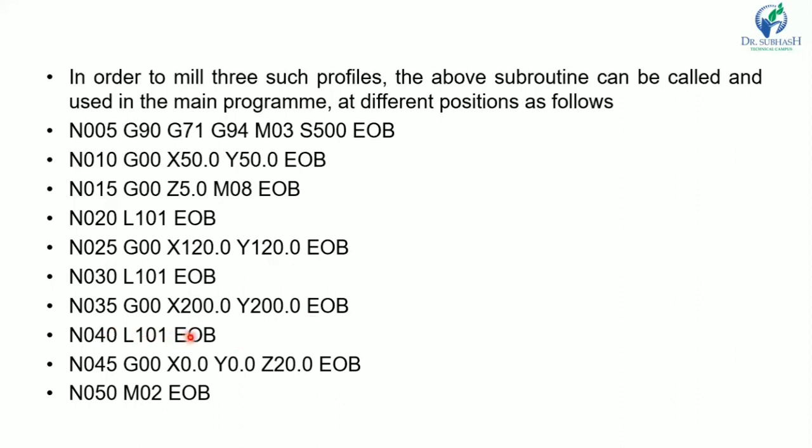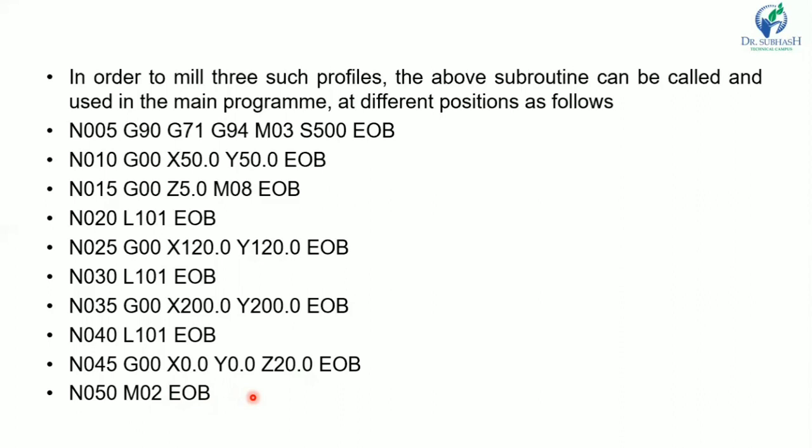Then L101 is introduced again, then X0 Y0 Z20 moves to X0, Y0 and the spindle retracts to Z20 and coolant is off. And here M02 means the end of the program.